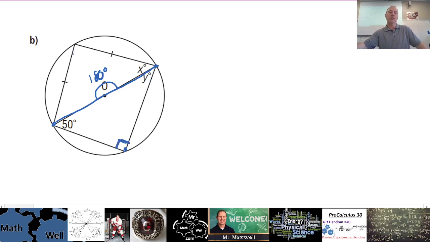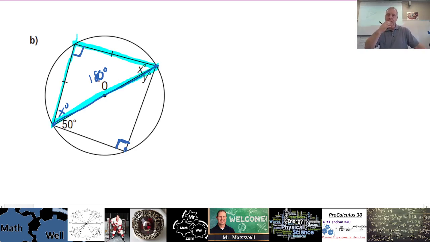Also, this is 90 because this is a diameter. So if that's 90 and this is 90, now we can start to piece together what x and y are. Because this upper one is an isosceles triangle, that's going to be x as well, just like we discussed in the last question.